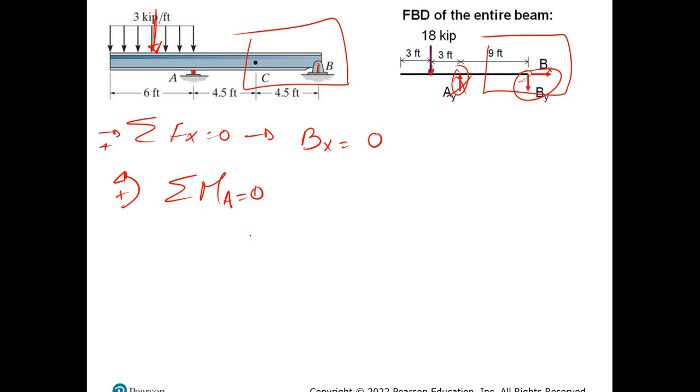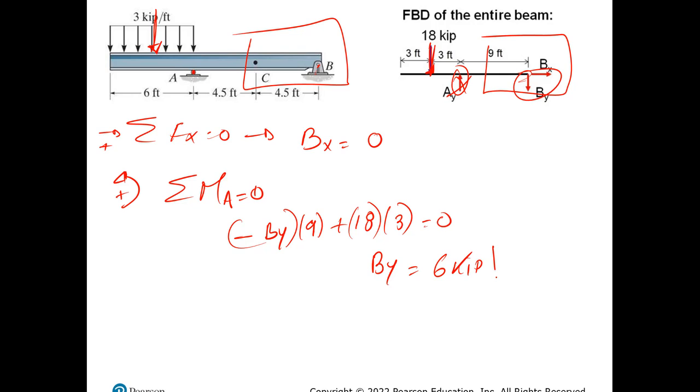And then this equals minus By multiplied by the distance. I don't have to explain the sign; of course, you know that By is creating a negative moment. So then plus 18, which is the load, times the distance, which is 3, and that equals 0. With this, I get that By equals 6 kN.